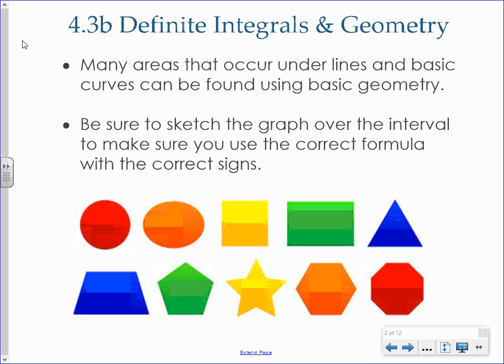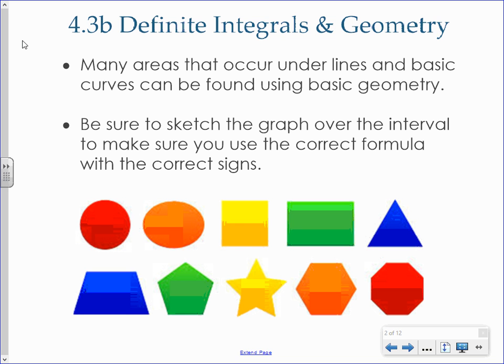Some areas that we see can be found using basic geometry. If you have a line, could you make a triangle between the line and the x-axis? And instead of doing a Riemann sum, like we did in our warm-up, we could find the area of a triangle, or two, depending.